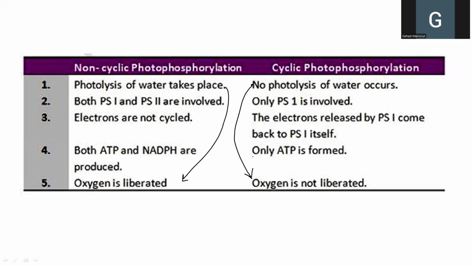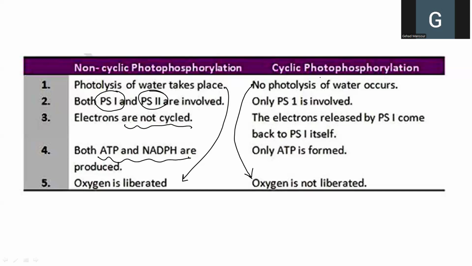In non-cyclic photophosphorylation, both photosystem 2 and photosystem 1 work and are involved. There is no cycling of electrons, and both ATP and reduced NADP are produced.